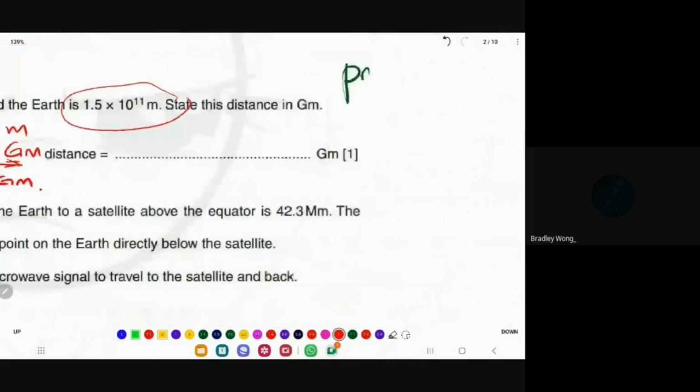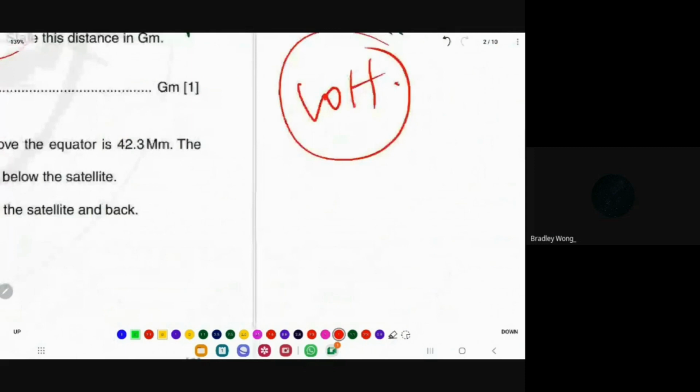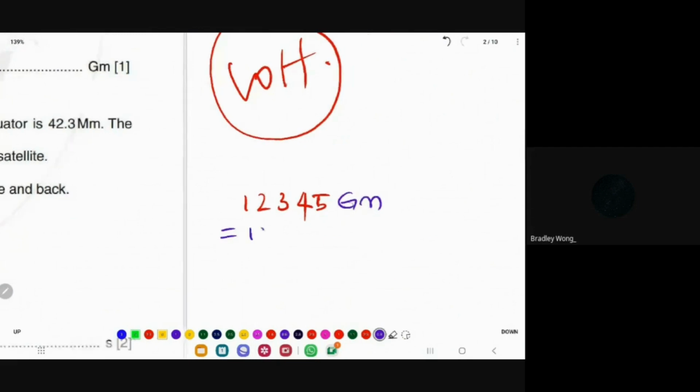Okay, if you don't know what I'm talking about, 1, 2, 3, 4, 5 meter. I don't want gigameter, I'll change this one into meter. How? Giga is substituted as 10 to the power of 9 meter. Is this standard form? No, I have to divide.